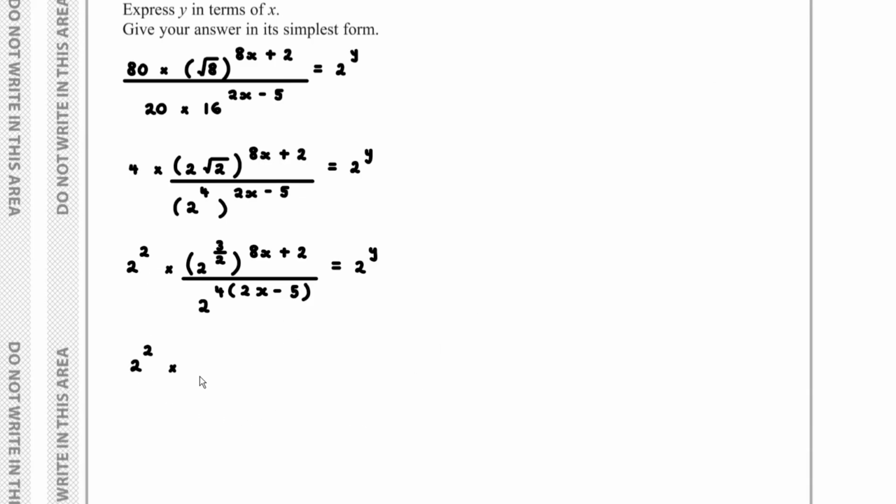So we have 2 squared multiplied by, now here, 2 to the power of 3 over 2 to the power of 8x plus 2. That's the same as 2 to the power of 3 over 2 multiplied by 8x plus 2. And then we divide this by 2 to the power of 4 lots of 2x subtract 5. And this is equal to 2 to the power of y.